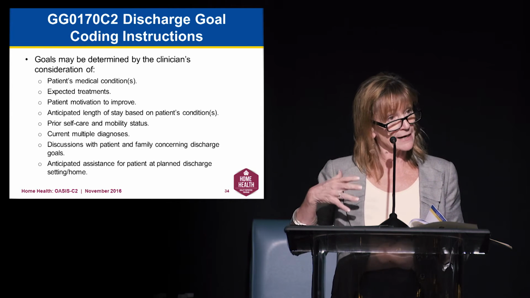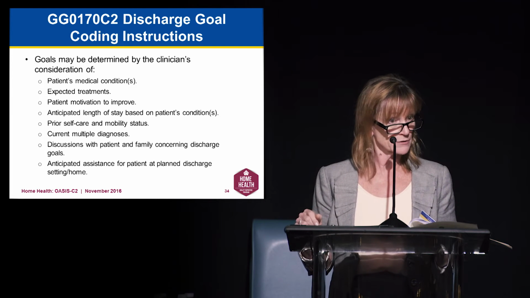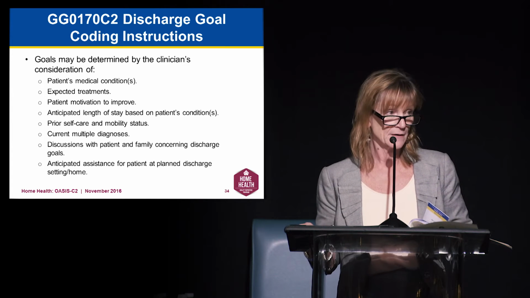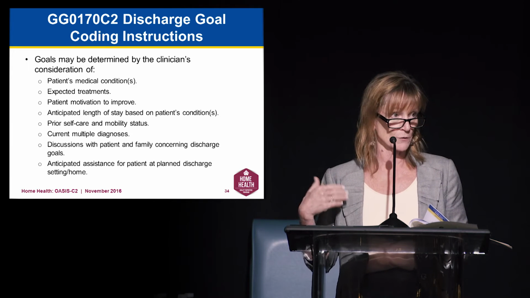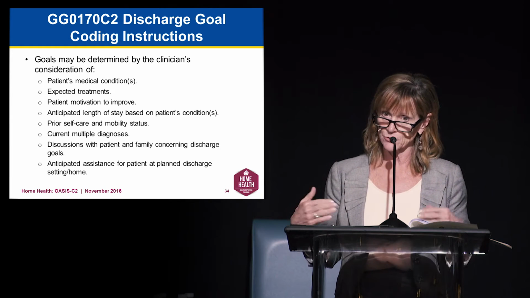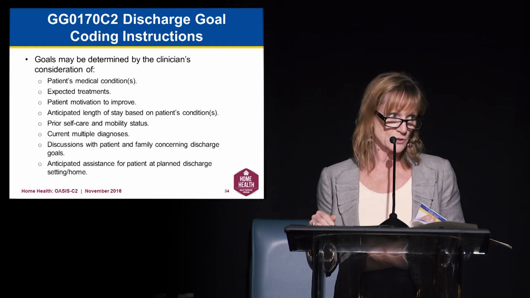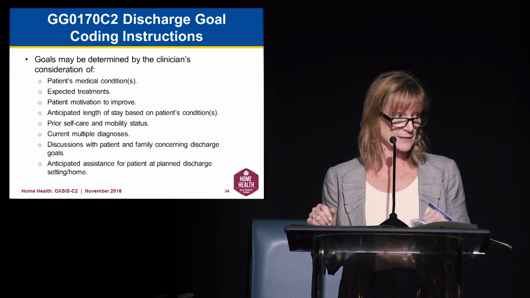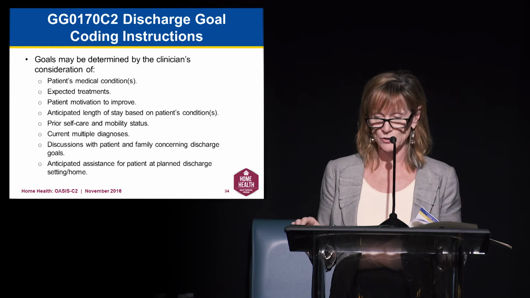Is that going to impact how well they're going to progress at discharge in getting from this lying position to sitting on the side of the bed? How about the expected treatments that we have? What are our orders? What are we providing in home care? And do we feel that the treatments that we'll be providing are going to get the patient to a better place or possibly not? So that's part of how we're going to be considering what the appropriate discharge goal score would be.